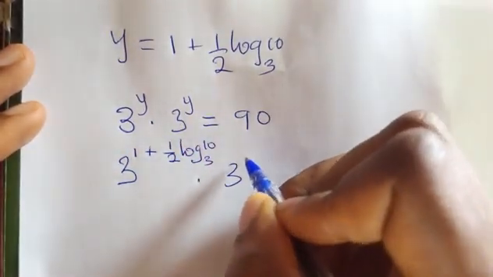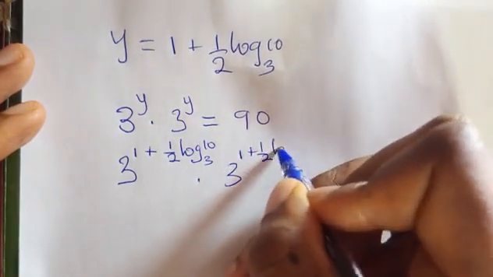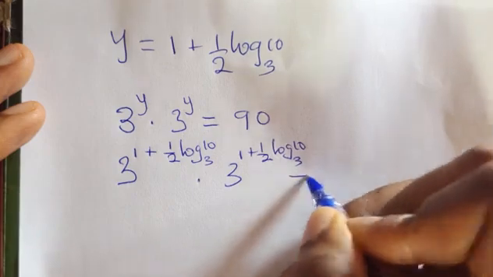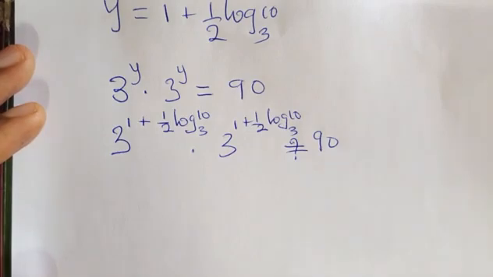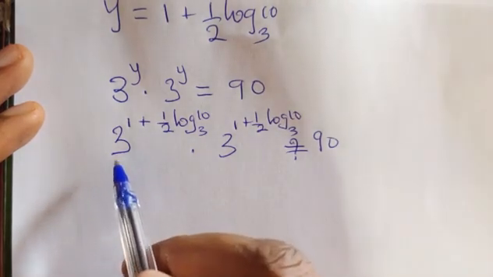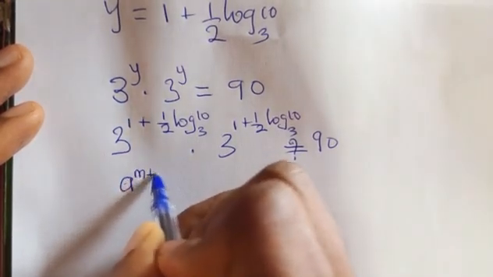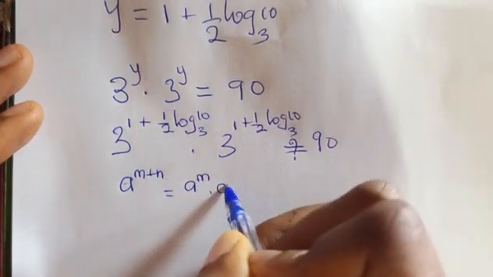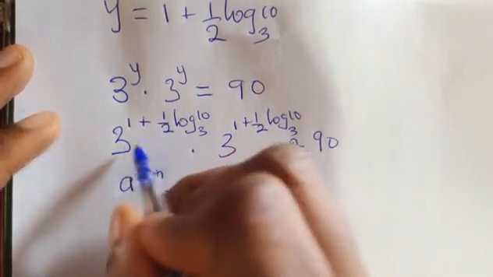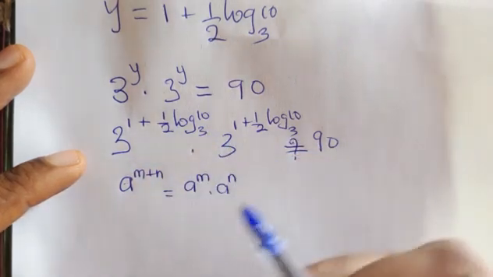We come over to this one, we do the same thing, raised to power 1 plus 1 over 2 log 10 to base 3. Is it equal to 90? Now this is in the form a raised to power m plus n, which is the same thing as a^m times a^n.